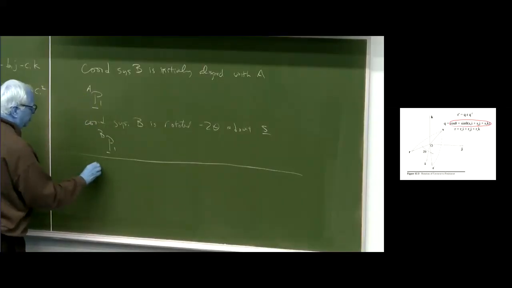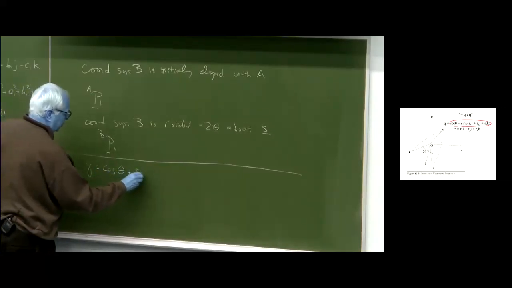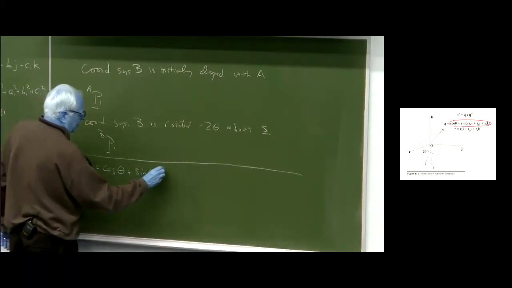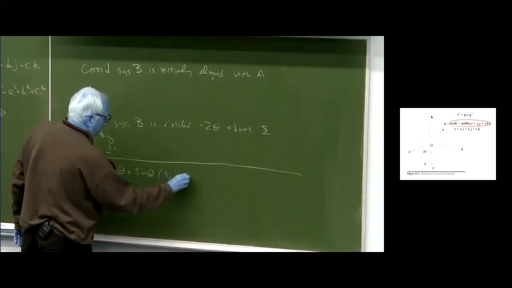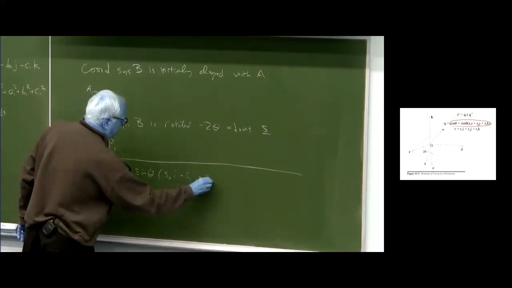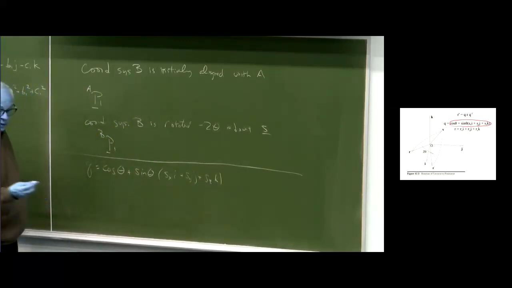So we formed this quaternion Q: cosine of half the angle of rotation, sine of half the angle of rotation, and then Sx i plus Sy j and so on. So what would the norm of that be? The norm was d squared plus a squared plus b squared plus c squared.